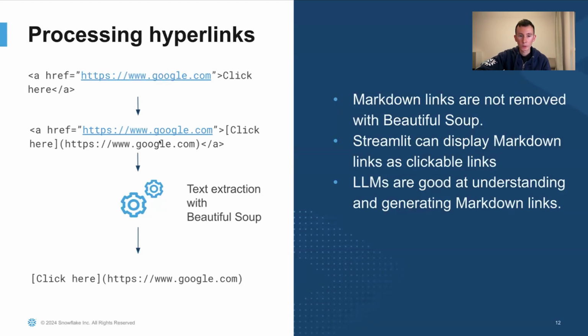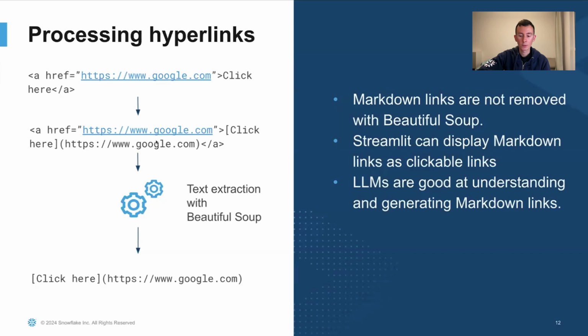And why are we using markdown links? First, because our app that I just showed you is developed using Streamlit, and Streamlit is able to display a clickable link if you give it markdown links. Another benefit is that LLMs are very good at understanding and generating markdown links.